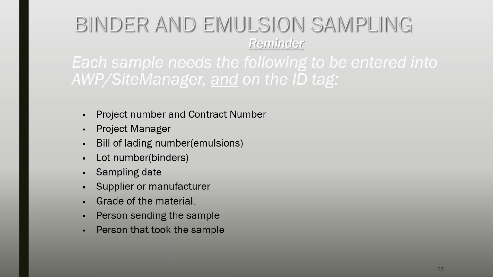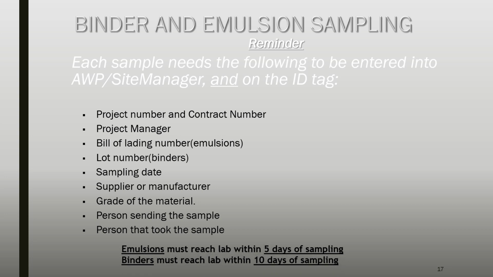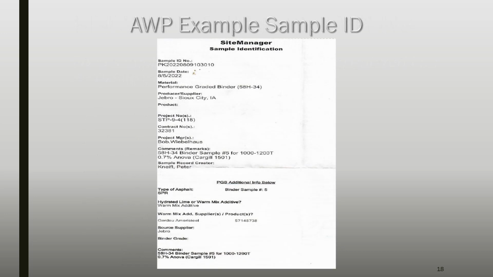Also an important reminder, emulsions must reach the lab within 5 days of sampling. Binders must reach the lab within 10 days of sampling. This is a good example of a sample ID where all the relevant information is filled out, including the lot number that the material is being used in.